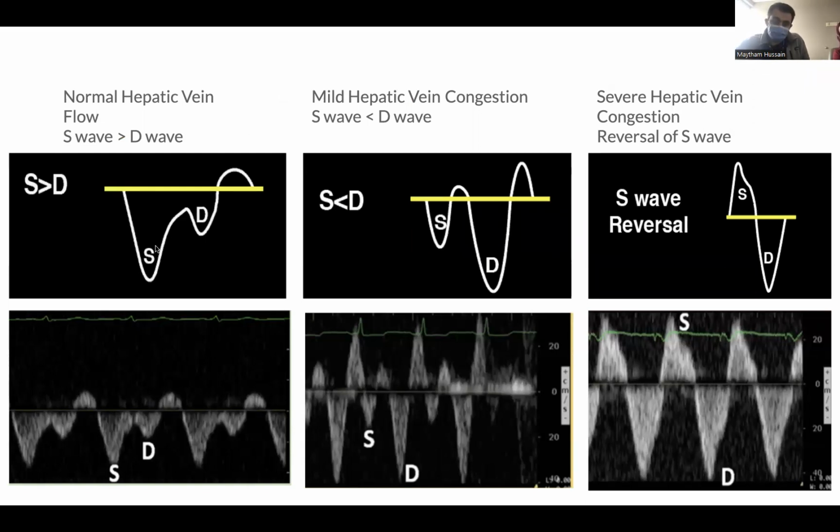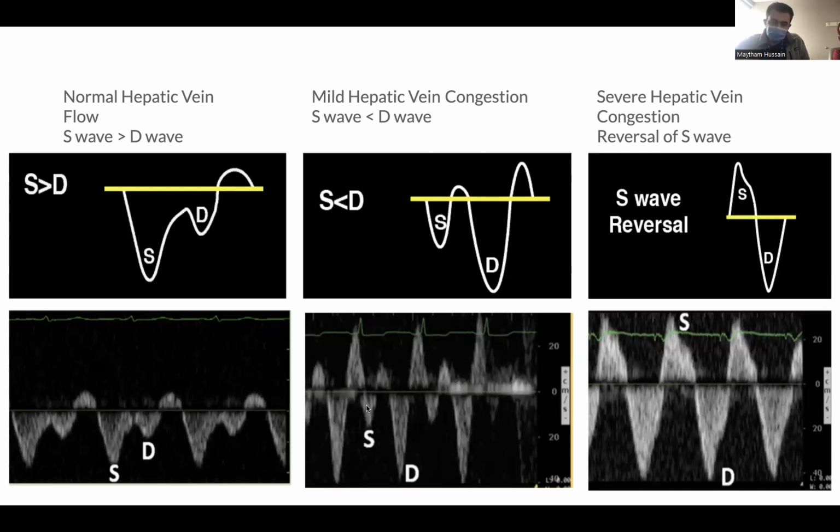Ideally, in a normal hepatic vein flow, your S wave should be greater than your D wave. And as you can see here, you have that A wave, S wave, D wave. When you get mild hepatic congestion, you'll get blood flow flowing backwards, and your S wave will shrink in comparison to your D wave.